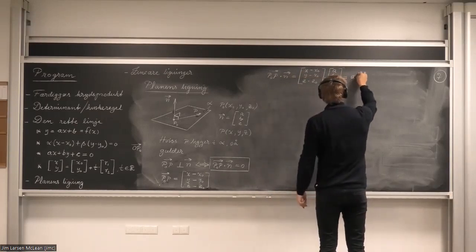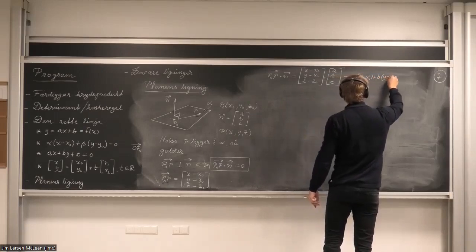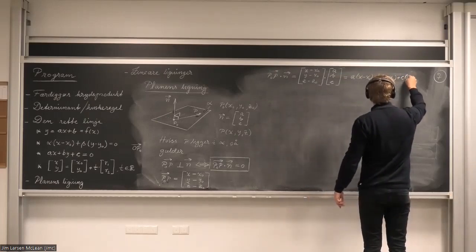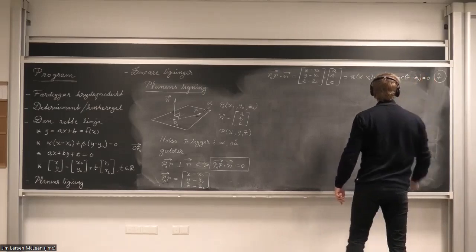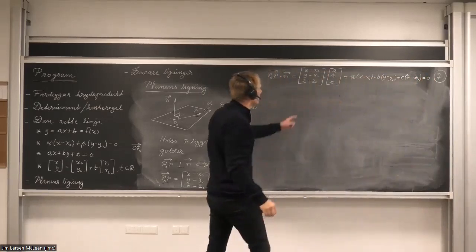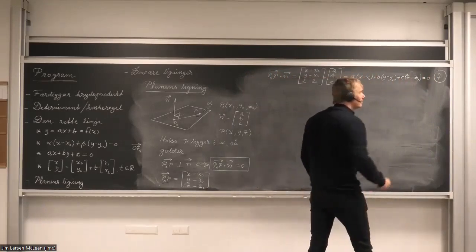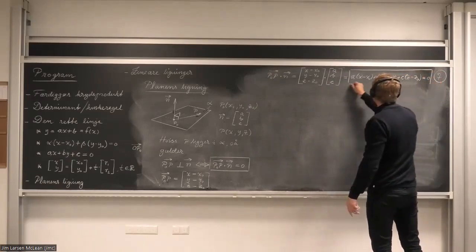So it gives A times (x minus x0) plus B times (y minus y0) plus C times (z minus z0) equal to 0. We call that the equation of a plane.